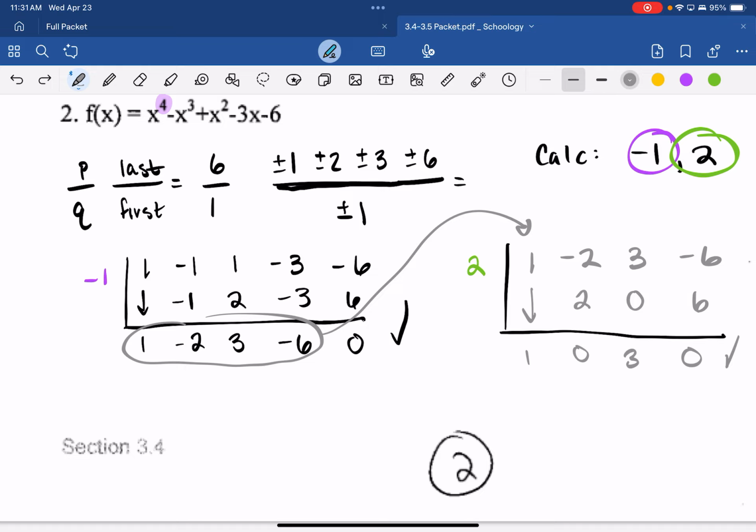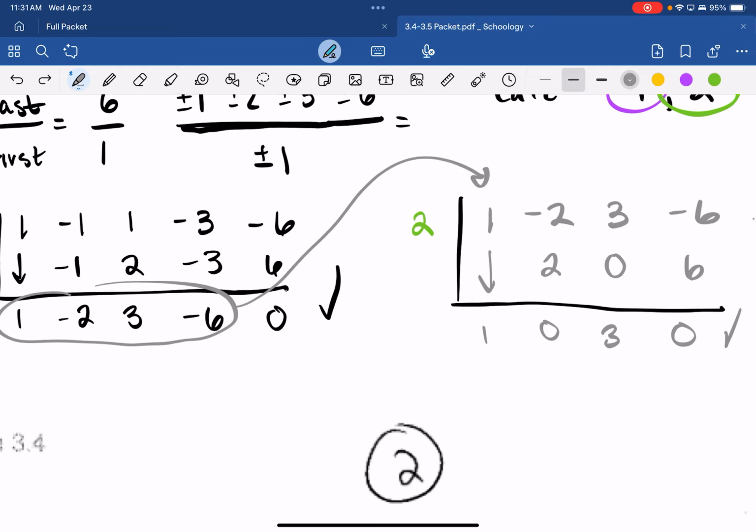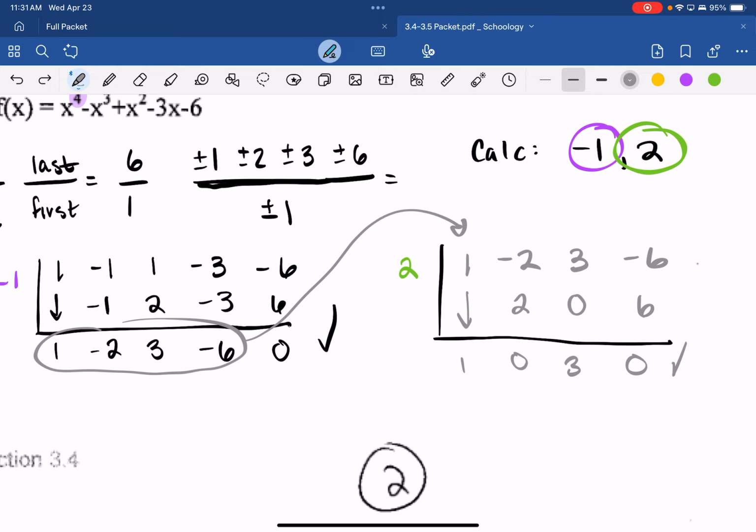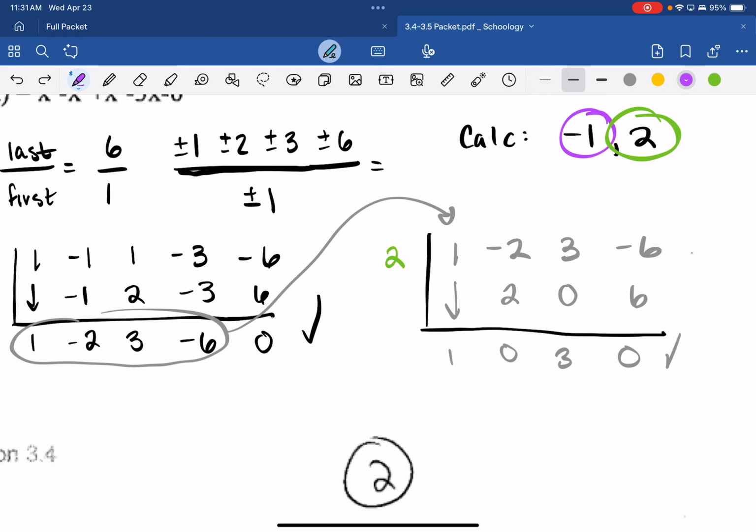All right, so now the last step here, okay? Again, we need to think about what we're doing. What did we just find? Well, we found zeros. So to rewrite these as binomials, that -1 is really x plus 1, right? If I'm thinking about this in terms of factors. Okay, so that -1 is really x plus 1.